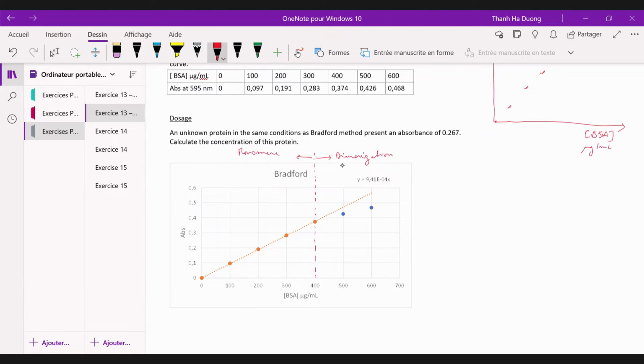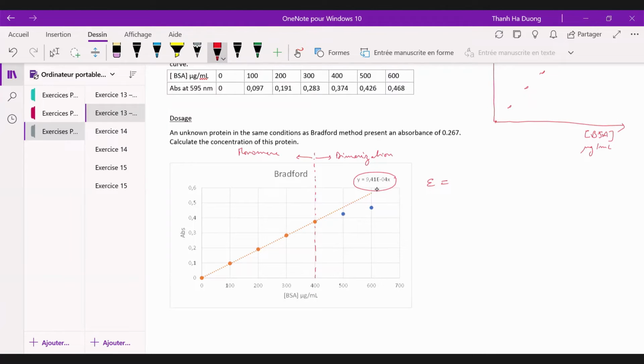Okay, and so we have this equation from this plot. It's quite the same as what you told me in the chat. From this equation, what is the slope? It corresponds to the absorption coefficient, right?